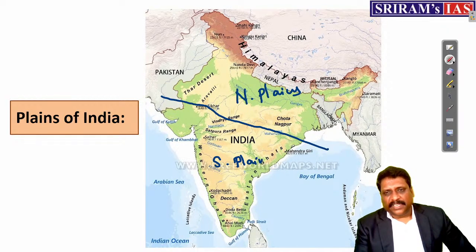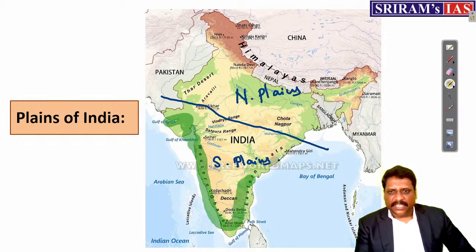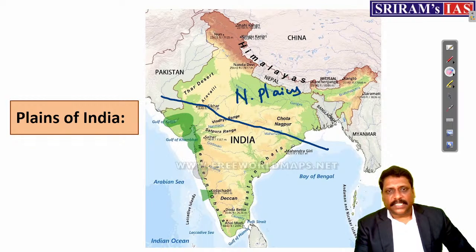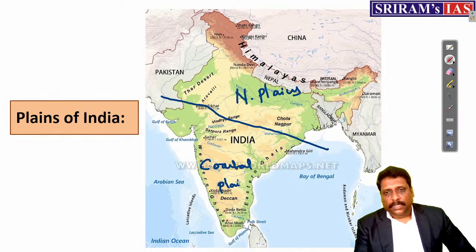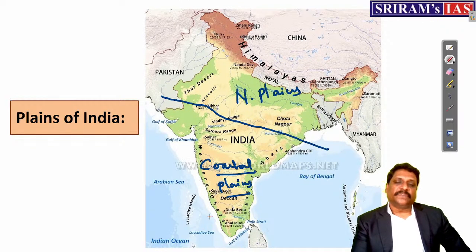Okay. But one thing I understand, all the southern plains, if I just take it, all these green shaded regions, I find that all the southern plains are confined to what? The coastal margins, my dear friends. And that's the reason, instead of calling it as southern plains, better we can call them as what? Coastal plains. Okay. The southern plains or the peninsular plains, we can call them as coastal plains.